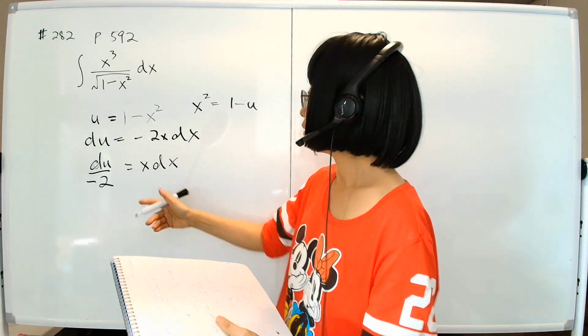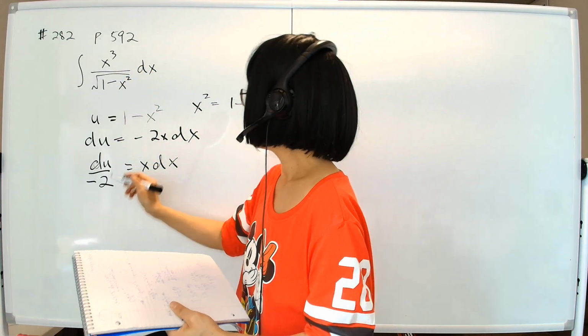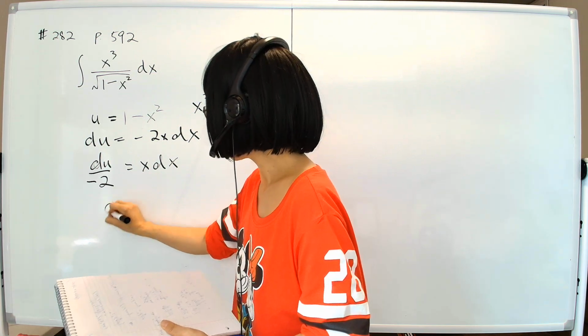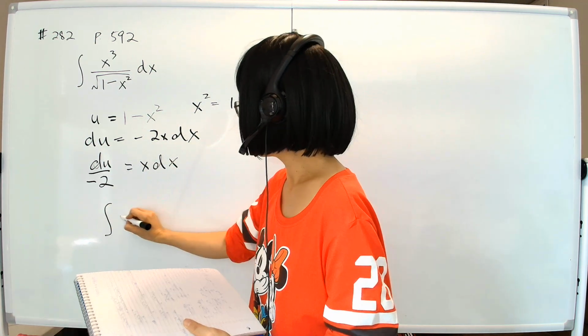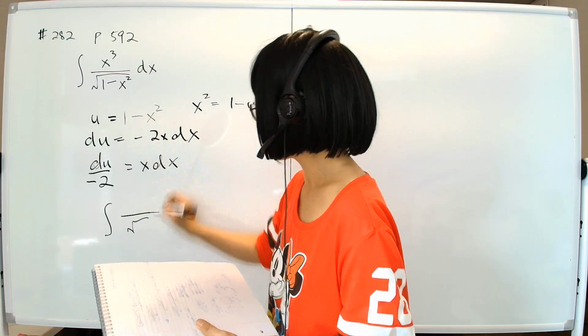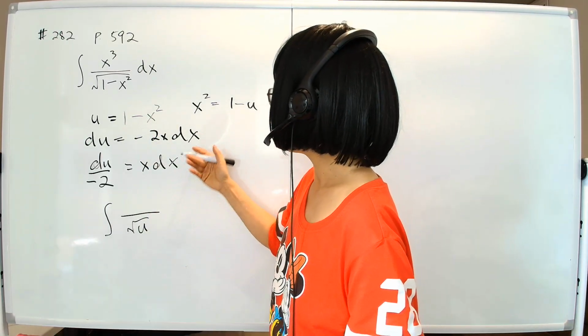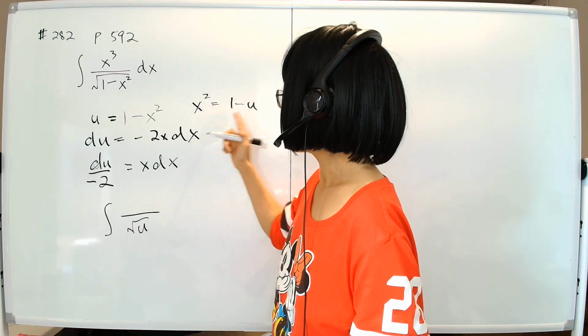All right, so now we have all the parts, and let's plug everything in to see if it fits. So the integral becomes, on the bottom, the square root of u, right? Because u is 1 minus x squared. On top, we have x squared times x, okay?